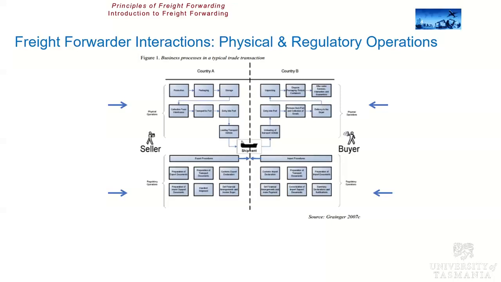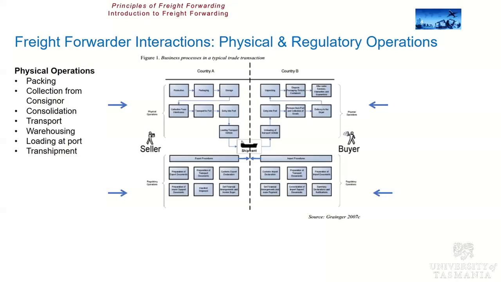So over here on the physical operations, they do the packing. They do the collection from the consignor. I think we'll put that in the handling. Yep. They do the consolidation. They do the transport, loading at port, and they do the transshipment.